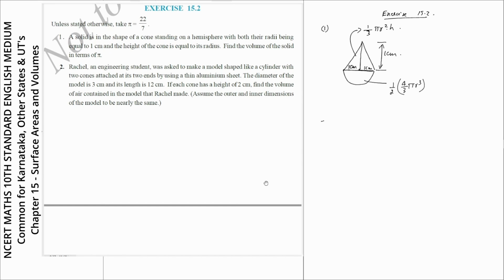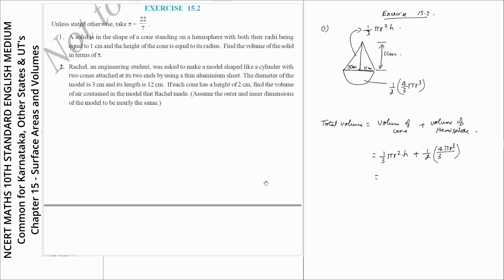Now the total volume is the volume of cone plus the volume of hemisphere. The volume of cone is 1/3 pi r square h plus half of 4 by 3 pi r cube, or 2 by 3 pi r cube.